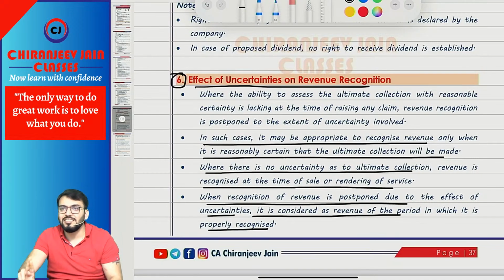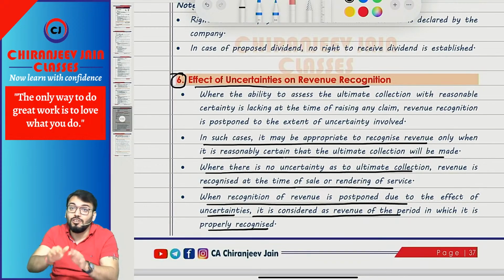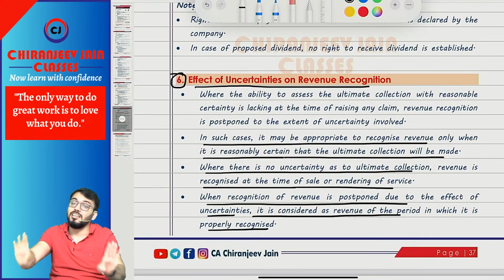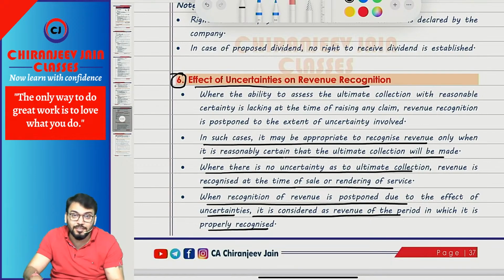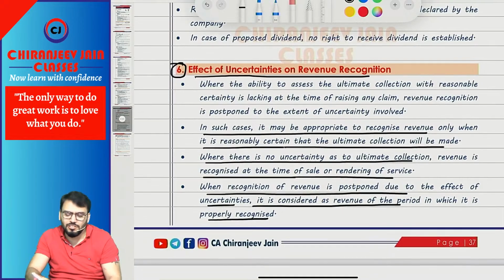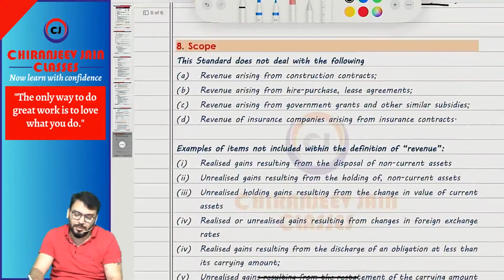No, because it is not reasonable to expect ultimate collection. Normally we do not demand interest even though there is delay. So it will be recognized as revenue only when there is an ultimate collection. Then we should recognize revenue, otherwise we will not recognize such revenue. Understood? So this is one popular question from exam point of view.